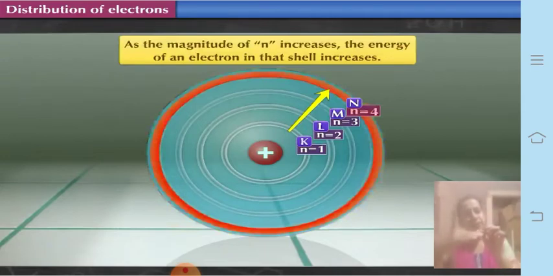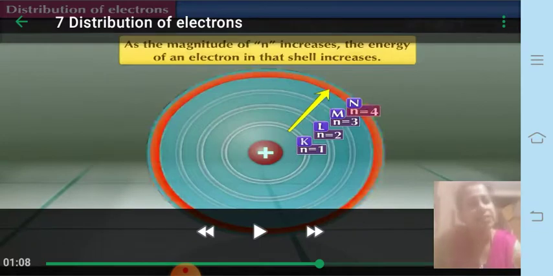When it jumps from the lower shell, which has less energy, to the second shell, the same electron will have more energy. Why? Because as the magnitude of n increases, the energy of that particular electron in that shell will go on increasing. That is the meaning of this statement.